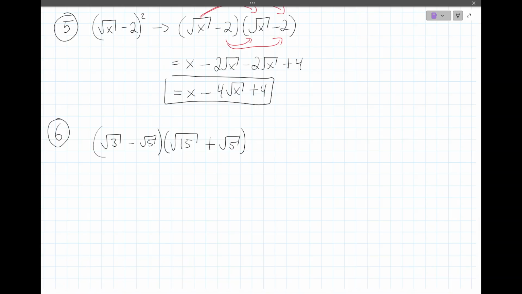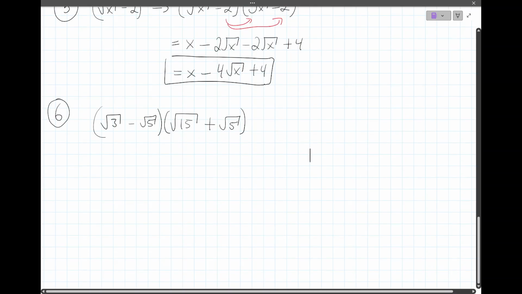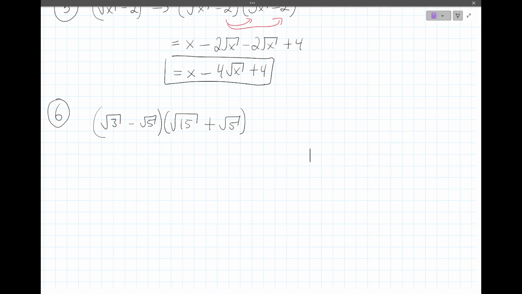My beef with the area method for this question is that if you know that root 5 is bigger than root 3, right? Because when we apply a square root, we don't lose the order of the numbers on the number line. So if you have root 3 minus root 5, you actually have a negative number, and it's not as intuitive as I would like for area. We could do it with root 3 plus root 5, and that would make more sense. But I just want to keep with the book example.